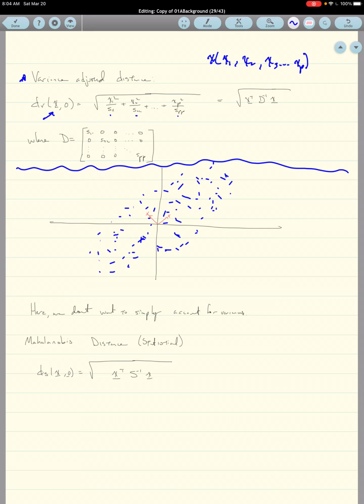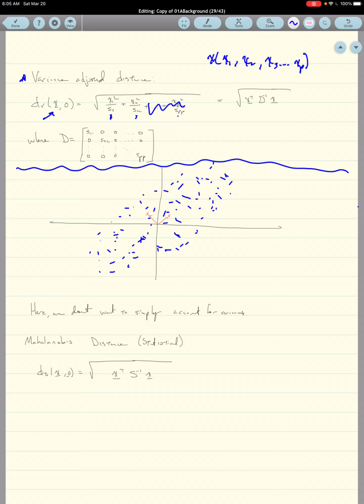And so, for instance, in the previous picture, of course, there would only be two dimensions, right? So we'd have S11 and S22, and then this would all be cut off here. S11 would be larger than S22 because the cloud of points was stretched further in the horizontal direction than in the vertical direction.